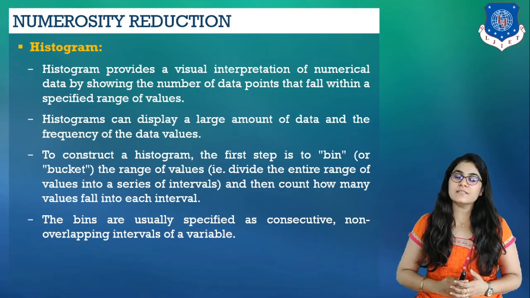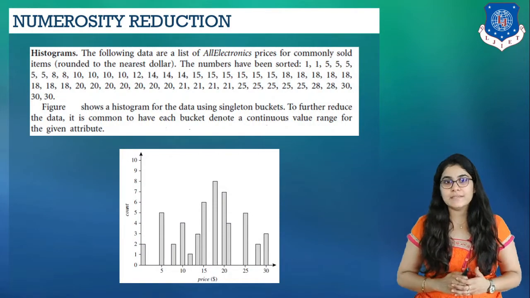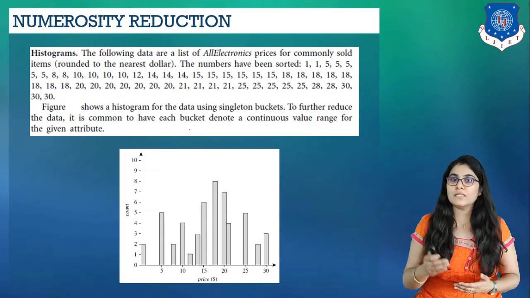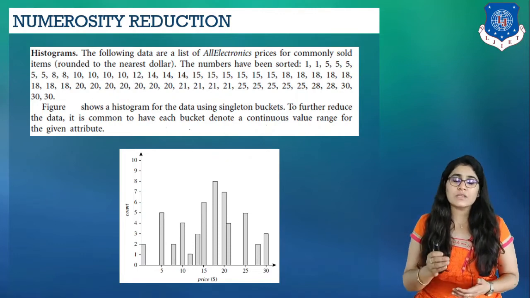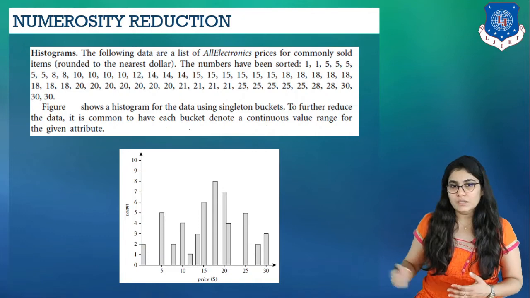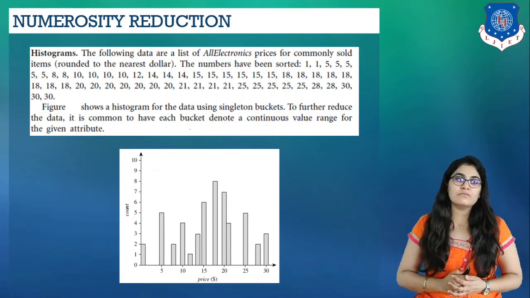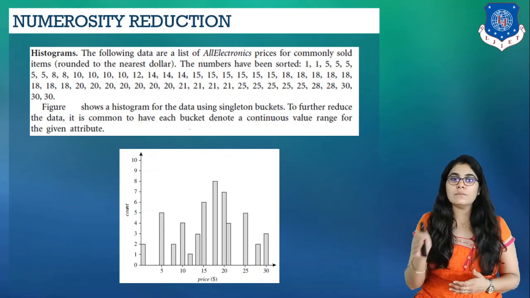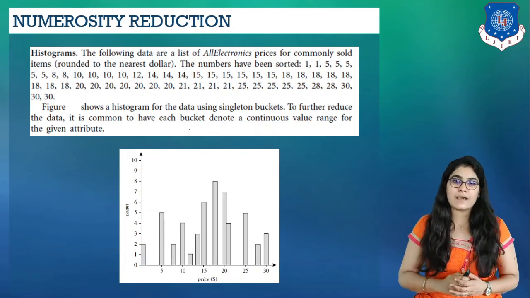Now let's understand this using an example. As you can see in this slide, the following data are the list of electronics prices for commonly sold items. As you can notice, all this data is already sorted in ascending order. The given figure shows a histogram for the data using singleton buckets, which means all the buckets represent only a single data item.